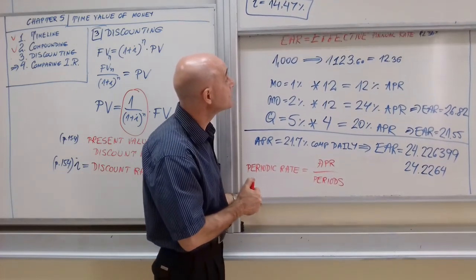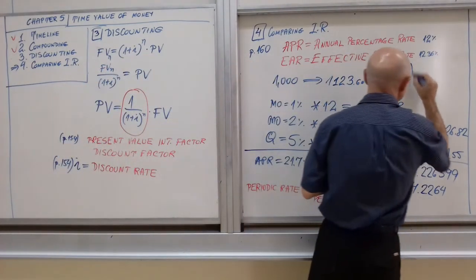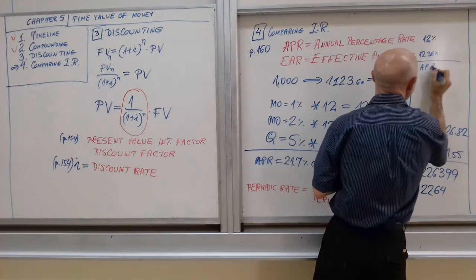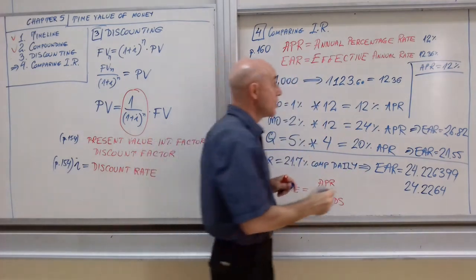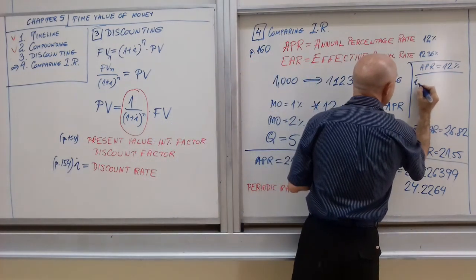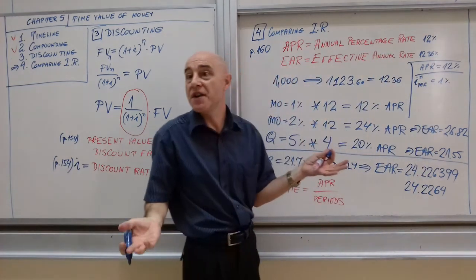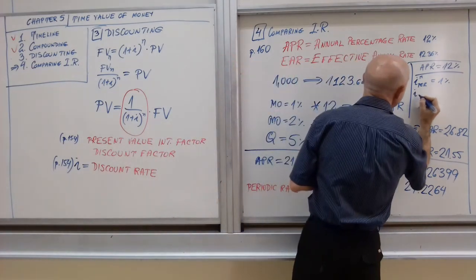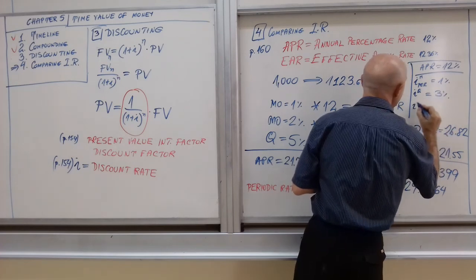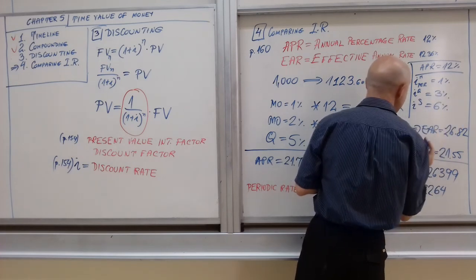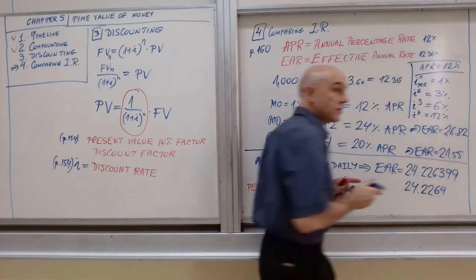Now, example. APR equal to 12%. The monthly periodic rate is equal to 1%. The quarterly periodic rate is equal to 3%. Semi-annual is equal to 6%. And annual is equal to 12.